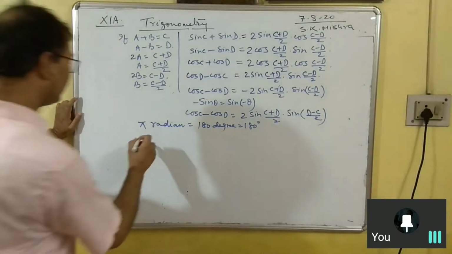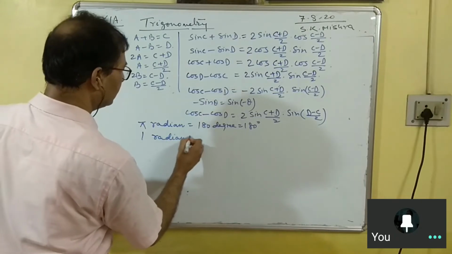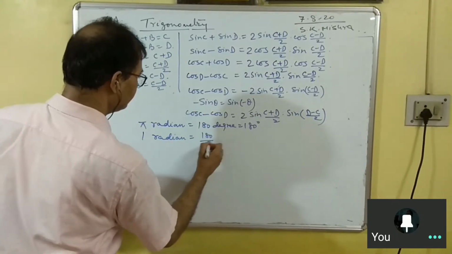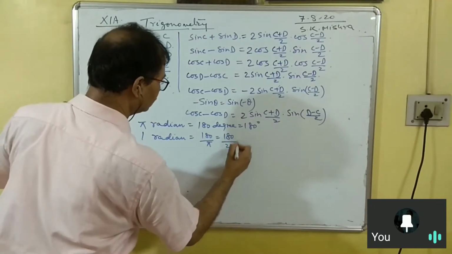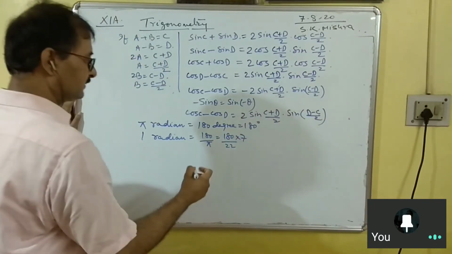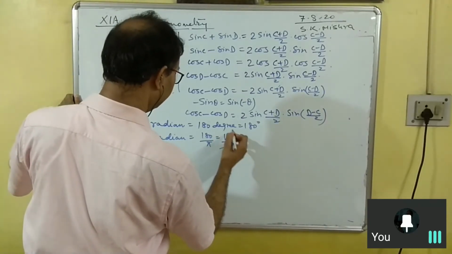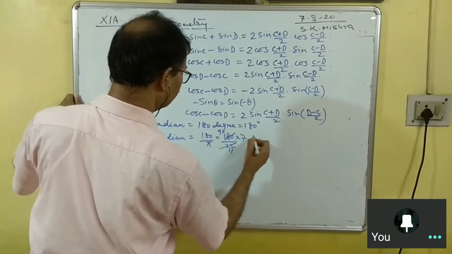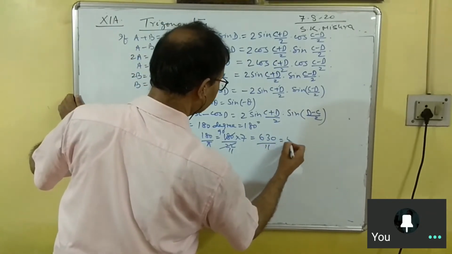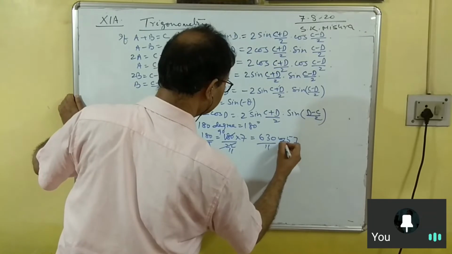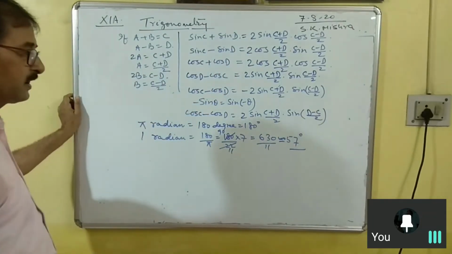So 1 radian is how much? If you divide 180 by 22 by 7, it is 630 by 11, approximately 57 point something, approximately 57 degrees per radian.